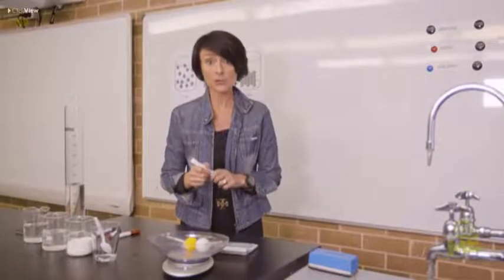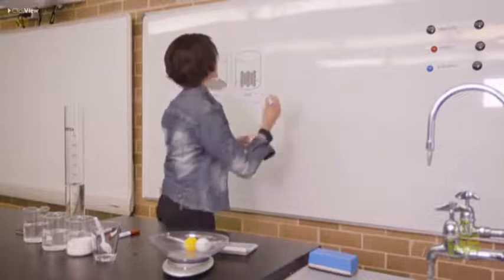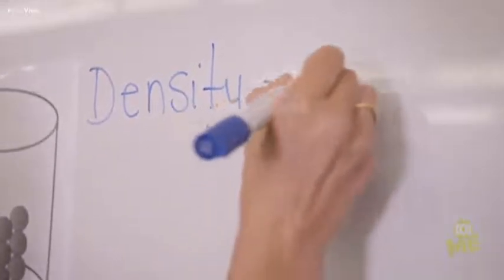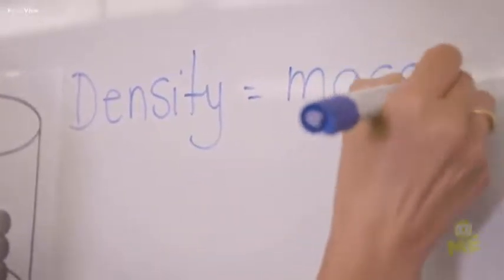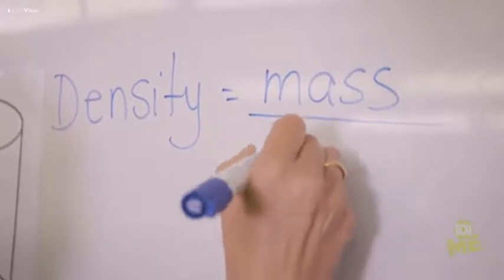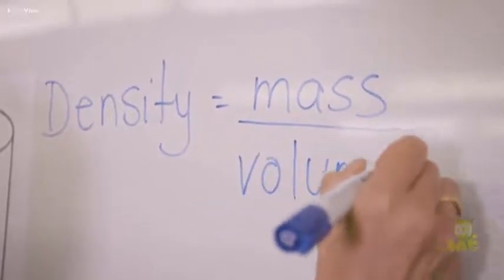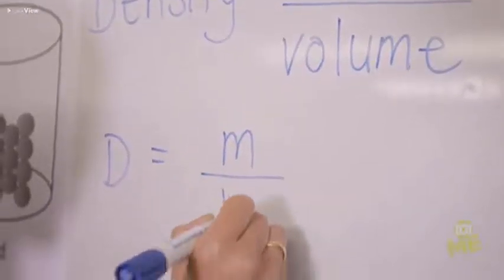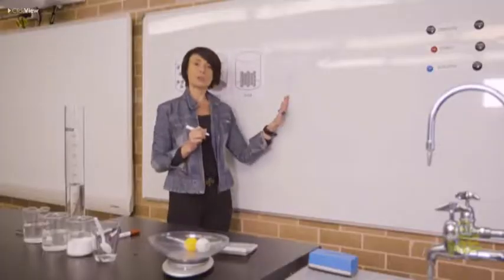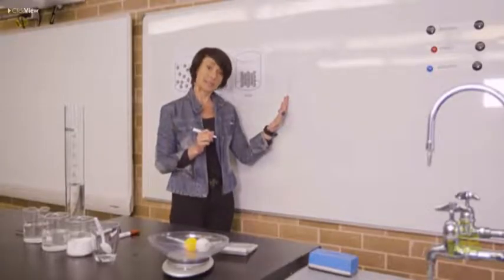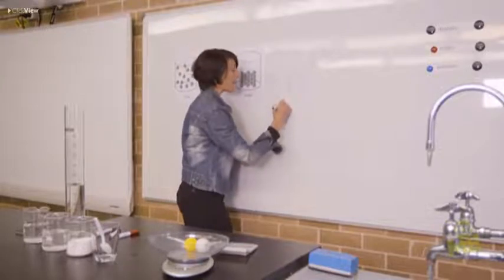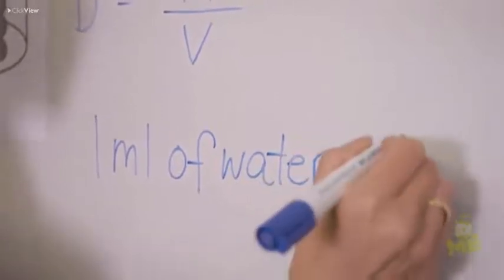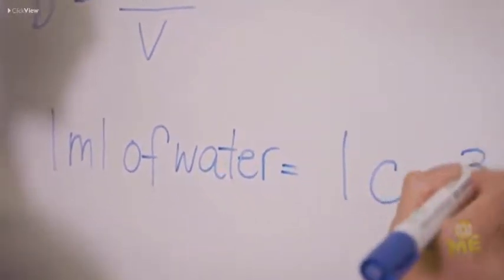The formula we use to work out density is density equals mass divided by volume. D equals M on V. Because volume is measured in cubic centimetres, 1 ml of water equals 1 cubic centimetre.